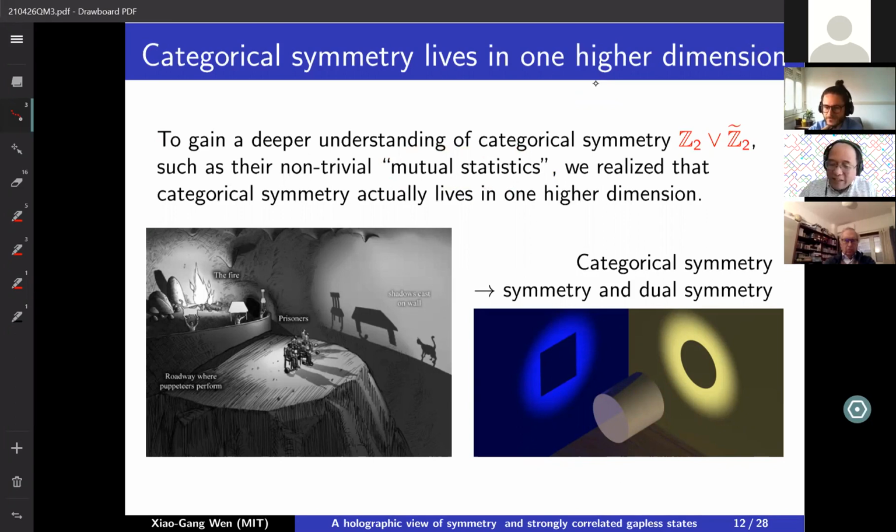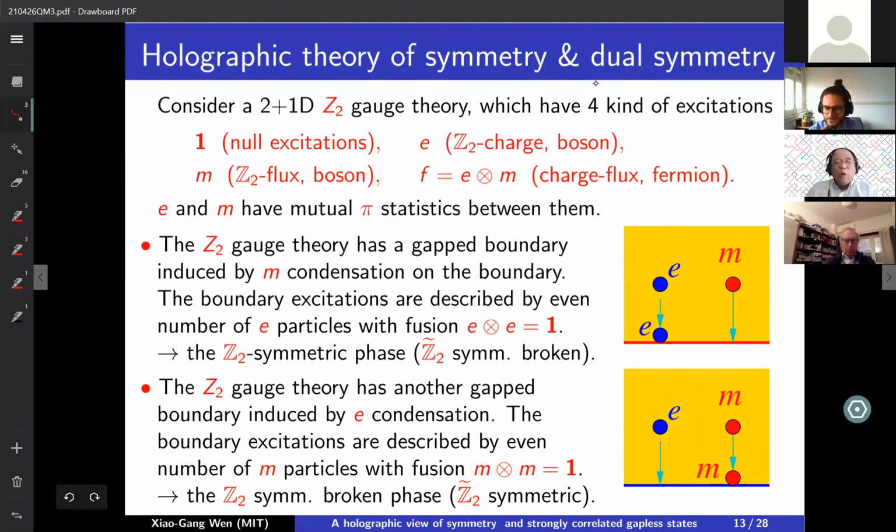So how do we see this story? Well, let's go to one higher dimension. The Ising model is in 1+1 dimension: one dimension of space, one dimension of time. So we go to one higher dimension, 2+1 dimension, meaning 2-dimensional space and 1-dimensional time, and we consider the 2+1 dimensional Z2 gauge theory. This is a new player. The Z2 gauge theory has a so-called Z2 charge.